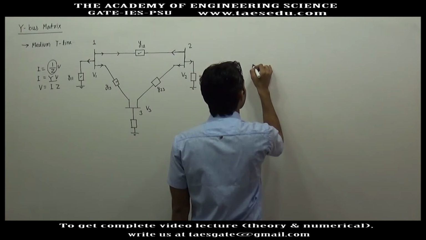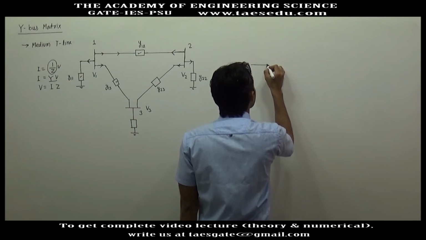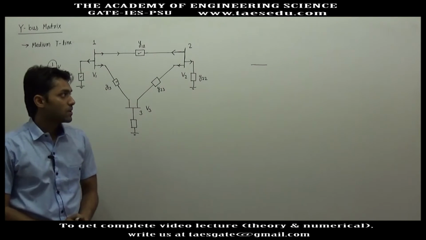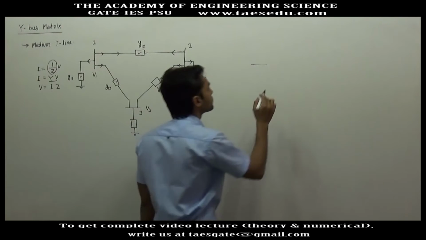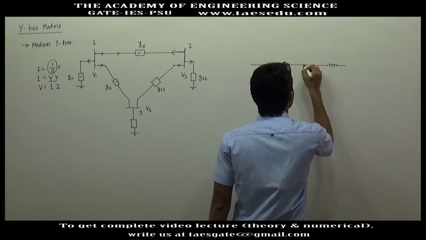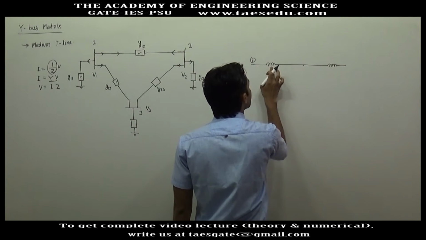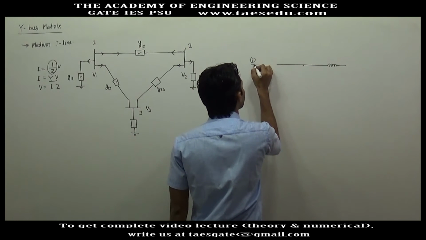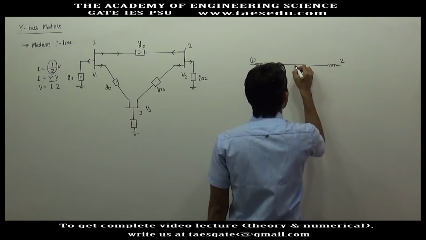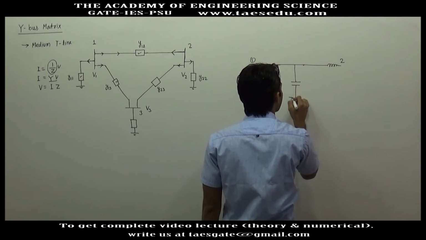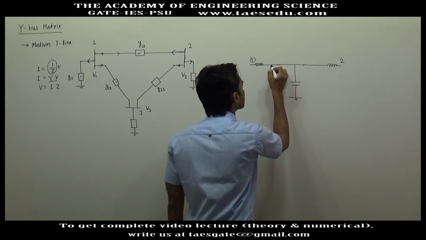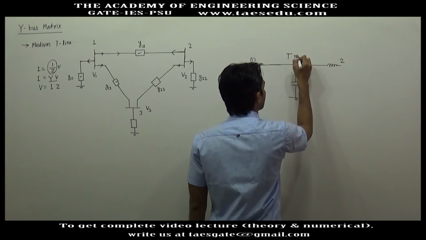In one model, the total series impedance is divided into two parts and connected at the extreme ends of the transmission line, and the shunt part is connected in the middle. This is an approximate model of a medium transmission line, and this is called the T model.